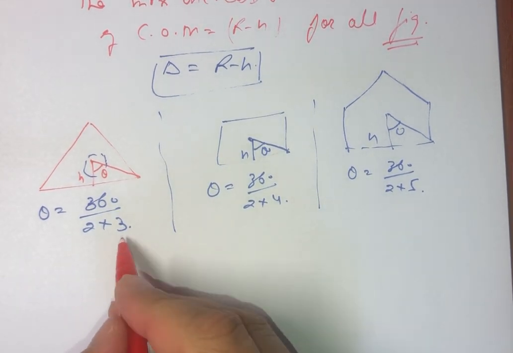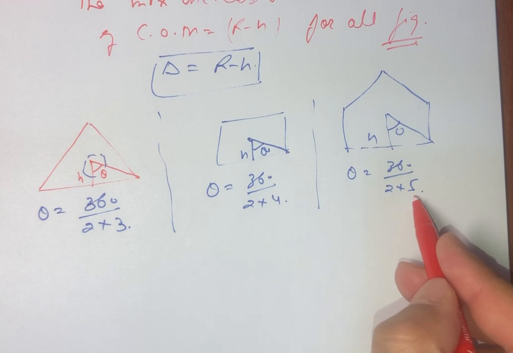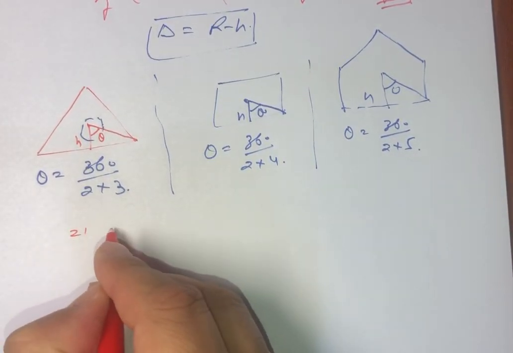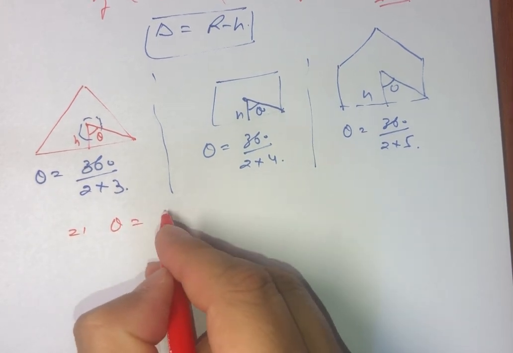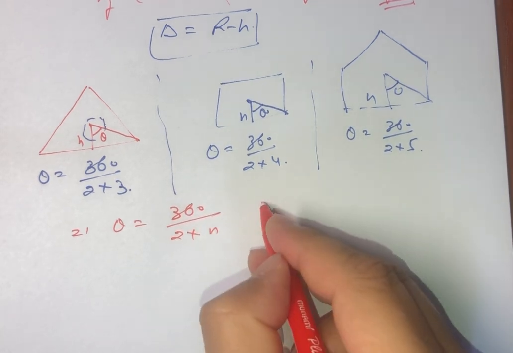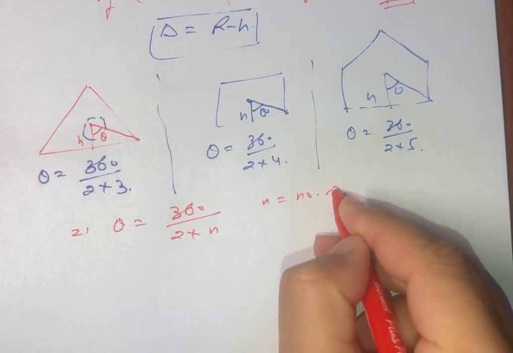So 3 is the number of sides, 4 is also number of sides, 5 is also number of sides. Therefore we can generalize this formula as theta is equal to 360 divided by 2 multiplied by n, where n is equal to number of sides.